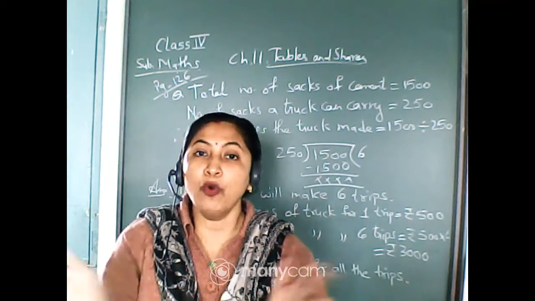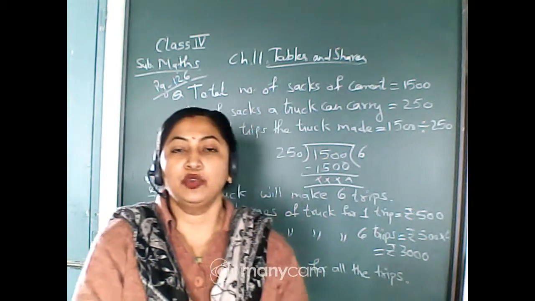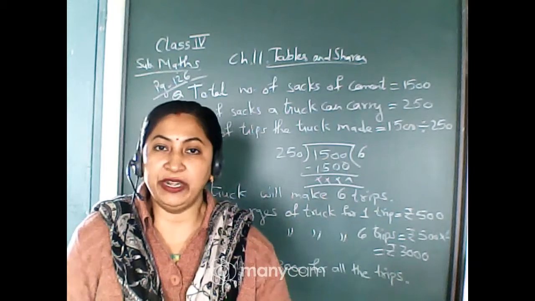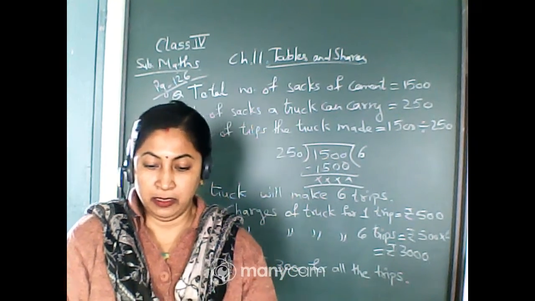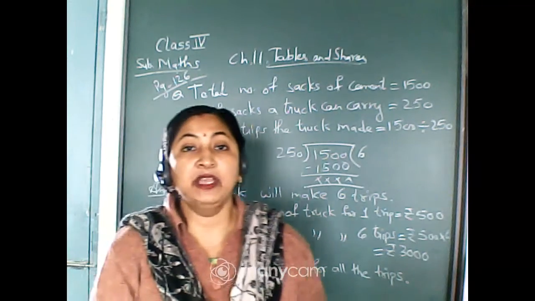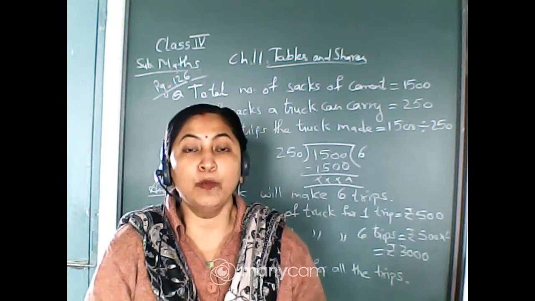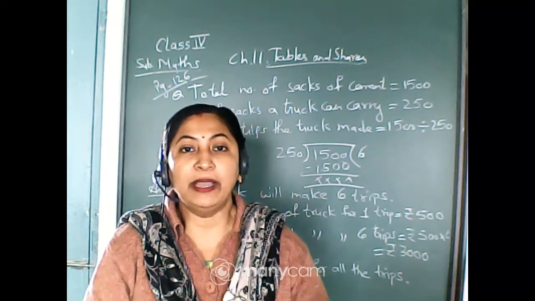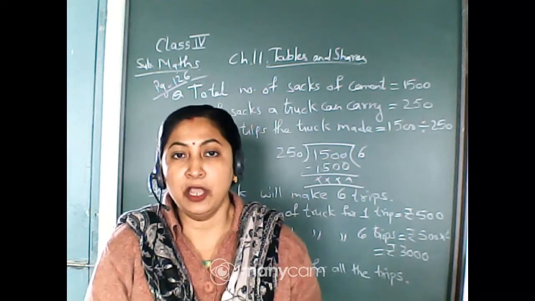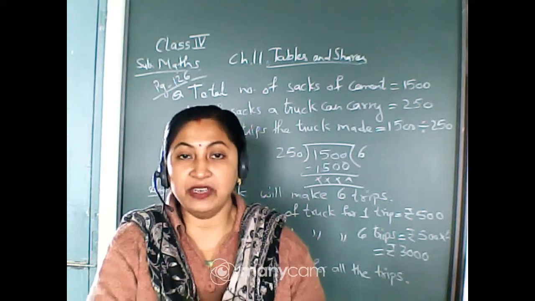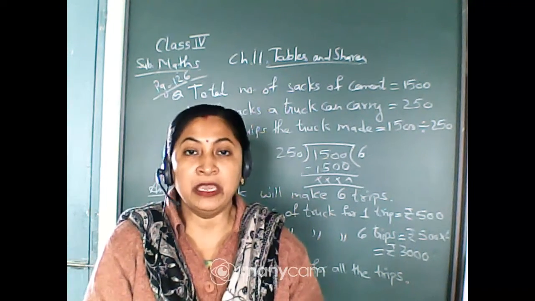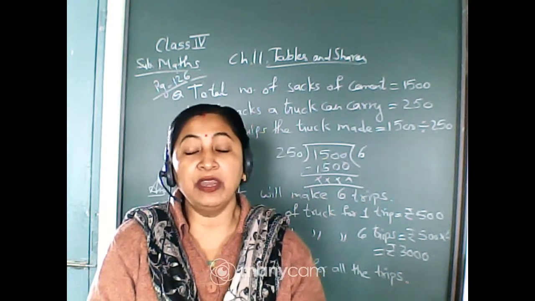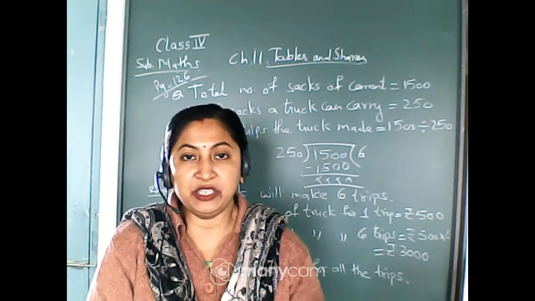So how many more laddus does she want, so that it will pack the whole 23 boxes? How many more laddus are required? Exactly, it will be 12, because 92 minus 80 is 12, isn't it? So after those 80 laddus, if 12 more laddus are given, then it will be 92. 80 plus 12, 92.